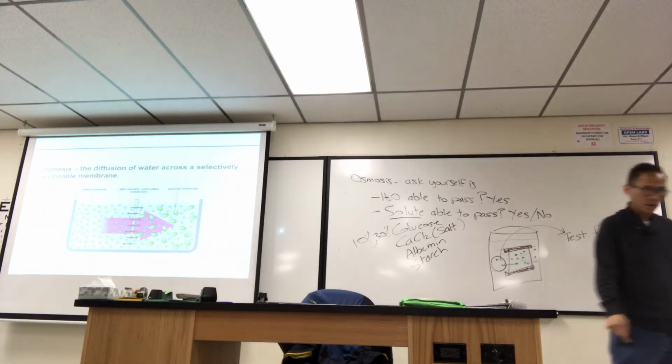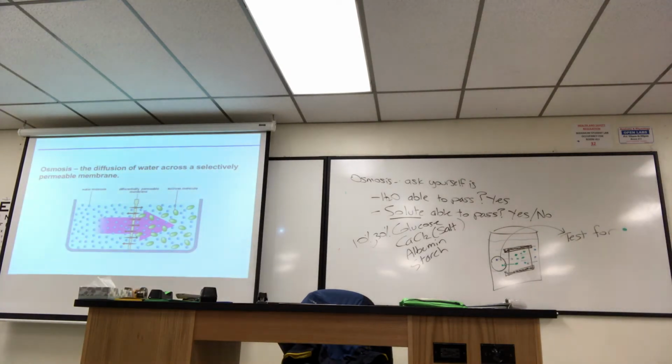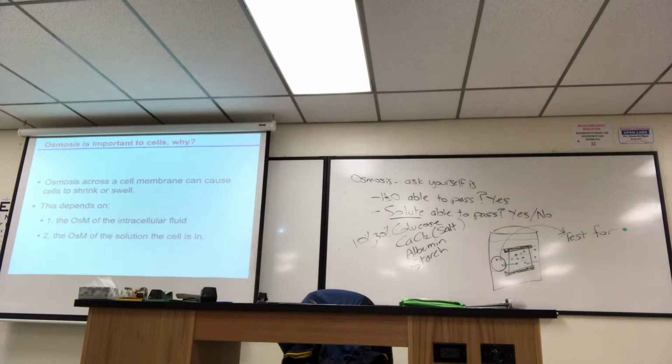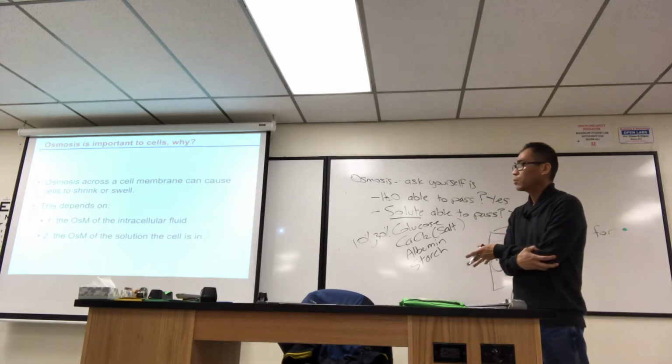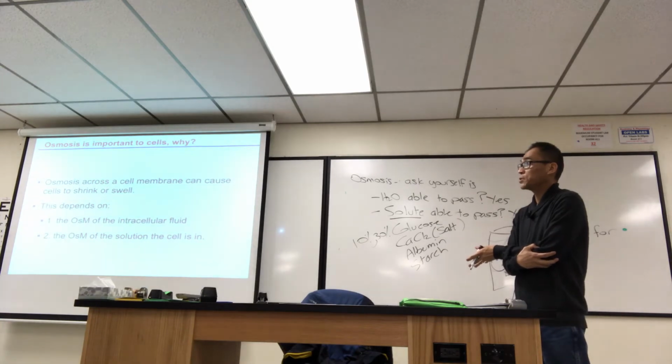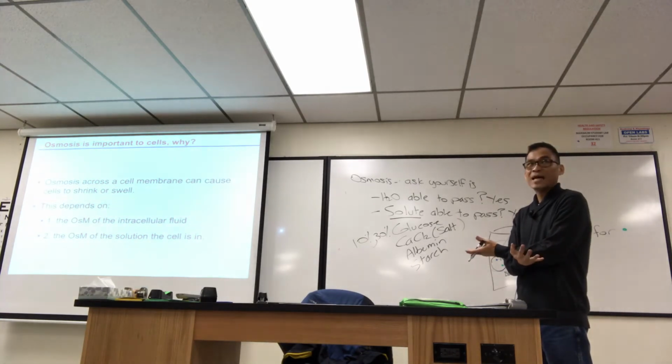Now, to move on, osmosis is important to cells. That's why we study it in the cell chapter. Osmosis across the cell membrane can cause cells to shrink or swell, which could be bad, because if it swells too much, it'll lyse, and that's not good.